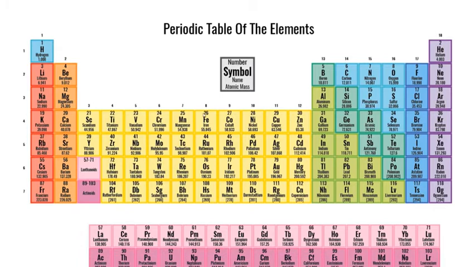Second thing is the number at the top, symbol, name, atomic mass. So if I say to you, give me the atomic mass of boron, you would look at 10.8. In your case, that would be 11. If I say to you, give me the name for the symbol O, that would be oxygen.